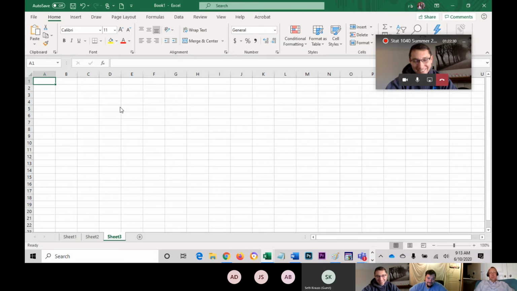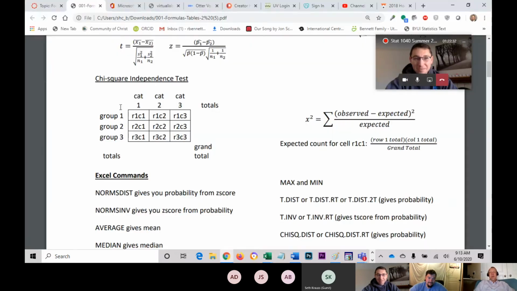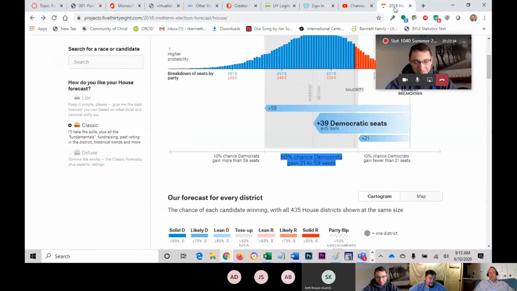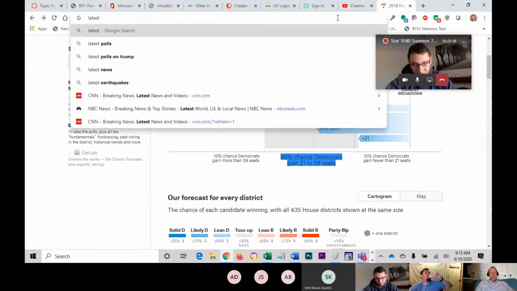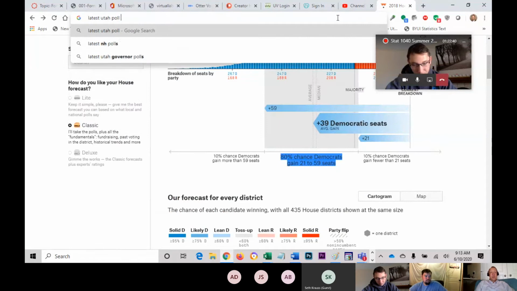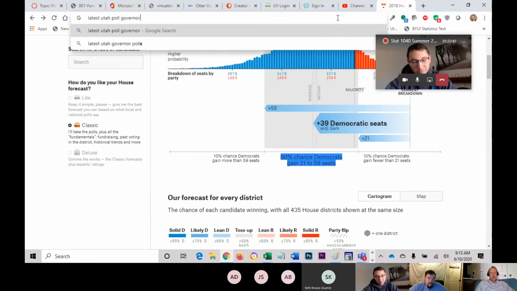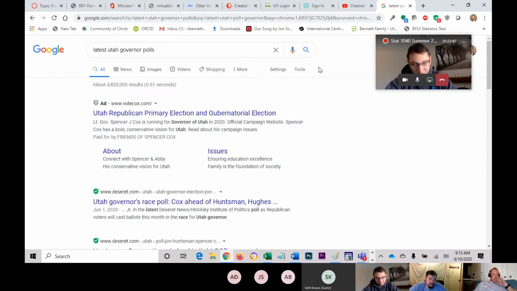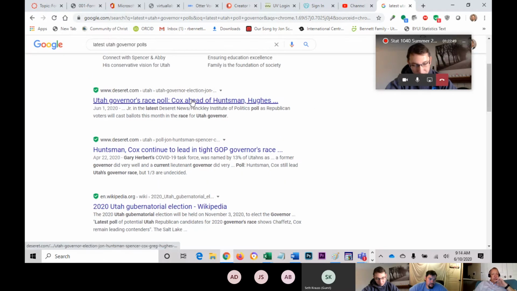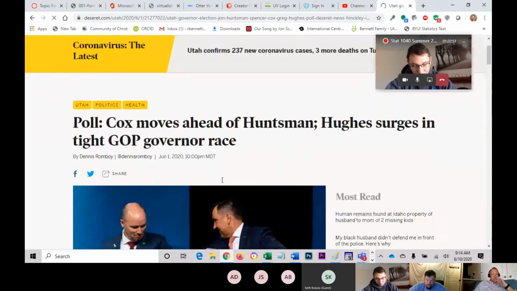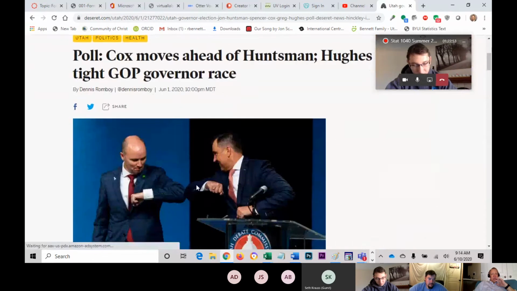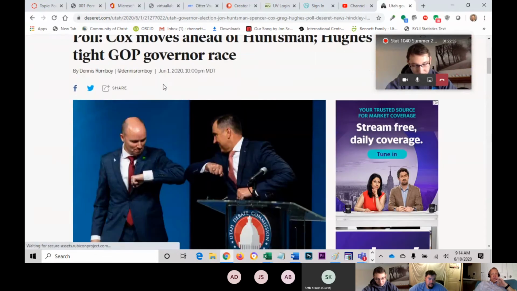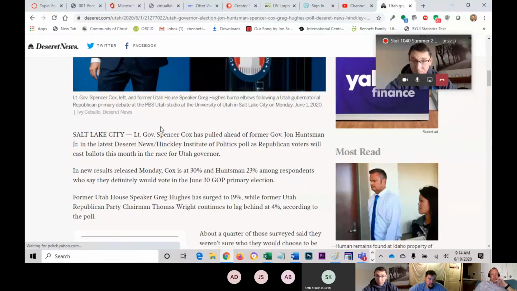Okay, so here's what we're going to do. The latest Utah poll for the governor's race. I was really surprised to hear this from the Deseret News. Cox moved ahead of Huntsman for the governor's race.